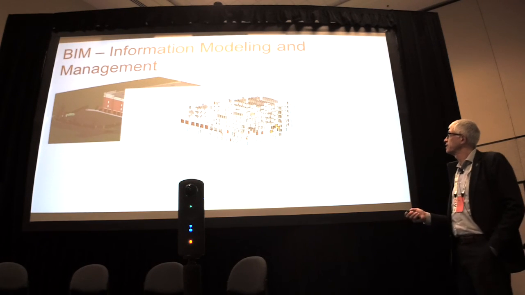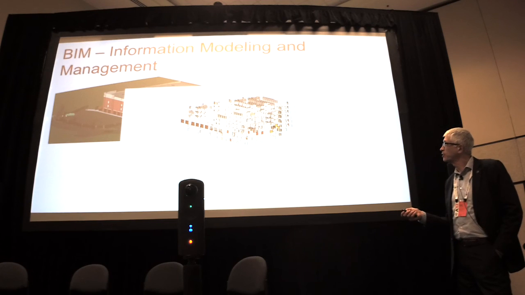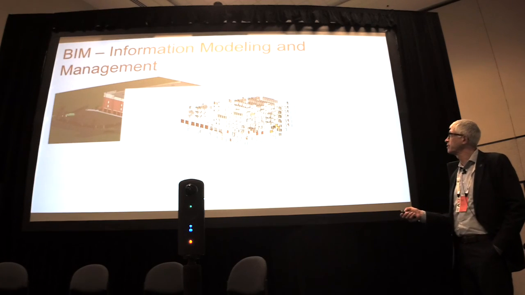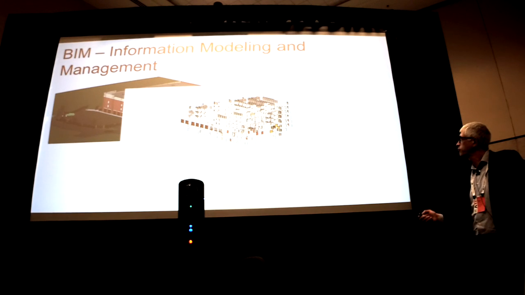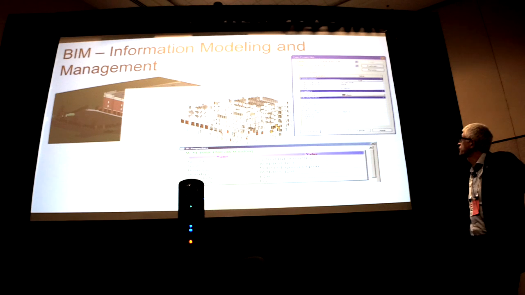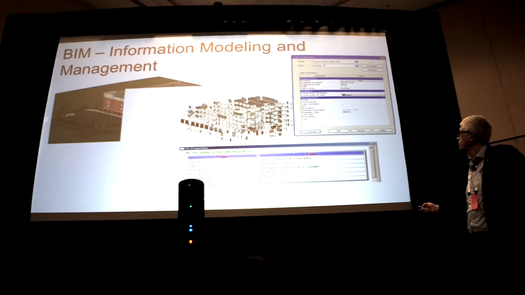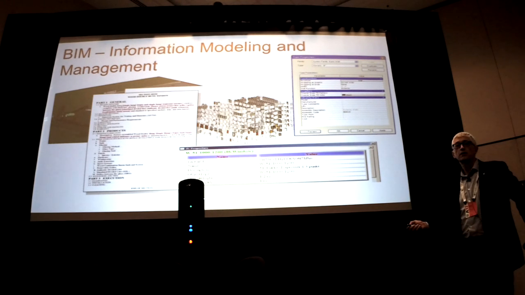We have the idea that we have a model, and inside that model, there's a lot of different components and pieces and parts. And what if we want to know about the 52 doors that are in this building? We would like to be able to find those out of that building model and see data about them, like properties, and how those properties can be found and described in a consistent way, and how we can then take that and connect it to other kinds of information, like specifications.